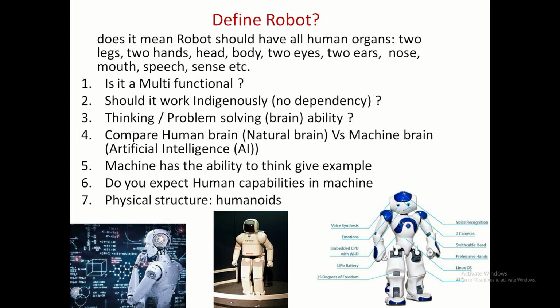So I have listed a few points. It should work autonomously, with no human intervention, and it should have at least some ability to think, or what I was calling smartness. That means some feedback, right? We have this smartness because of our feedback system.